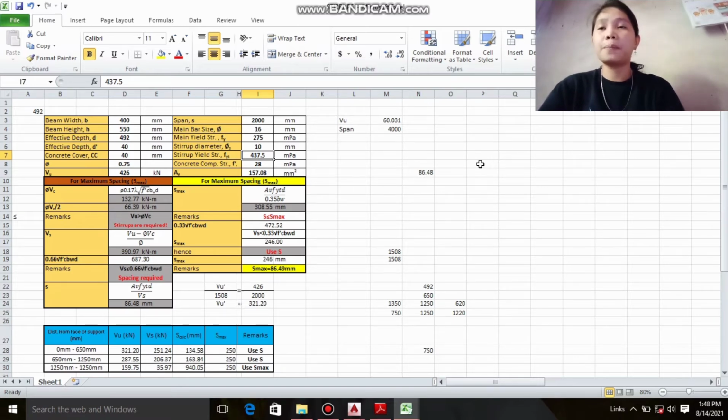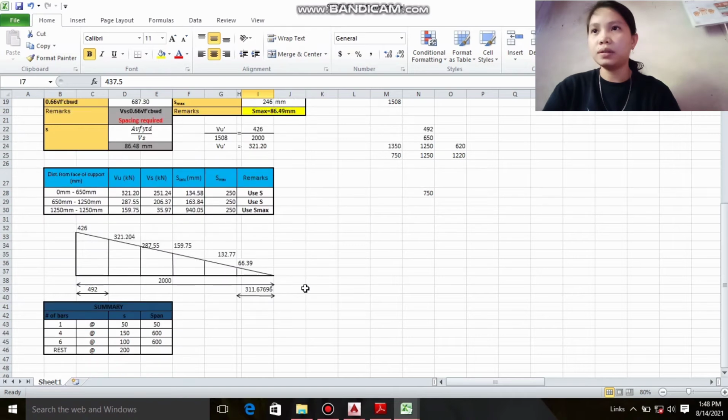And the concrete compressive strength is 28 MPa. The area of stirrup is 157.08 millimeters squared. So the maximum spacing is 86.49 mm.